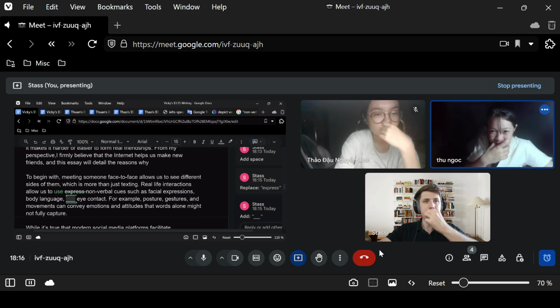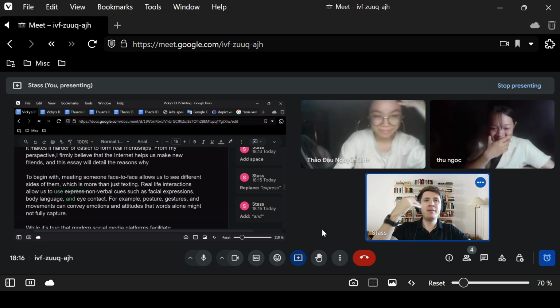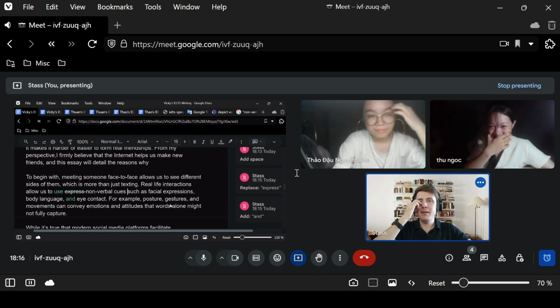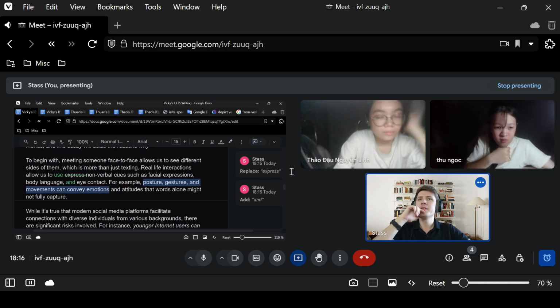And eye contact. Yes. Well done. Because we can't list things without a finishing and. I like that. For example, posture, gestures, movements can convey emotions and attitudes that words alone might not fully capture.